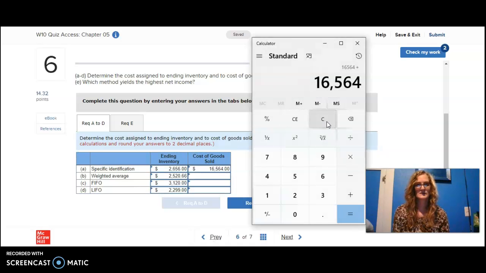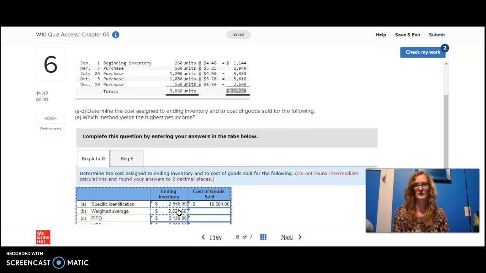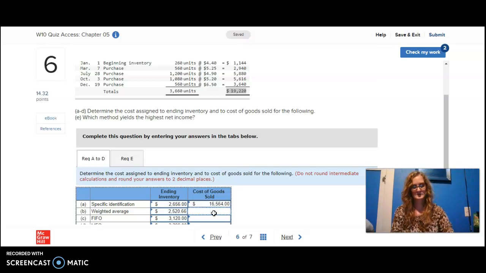Next, we're going to do the same thing for each of those. So 19,220 minus 2,520.66, this amount right here, and we end up with a cost of goods sold of 16,699.34.